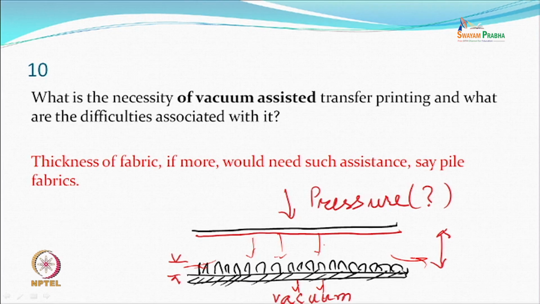That is also a difficulty, because if you put at a high temperature good amount of pressure, the amount of pressure that you put on a flat fabric, you may damage this texture. Fiber may not get damaged, but the texture can get damaged. And so, you are losing the thing. So, you would probably not apply so much of a pressure, and if you do not apply so much of pressure, there are more gaps.